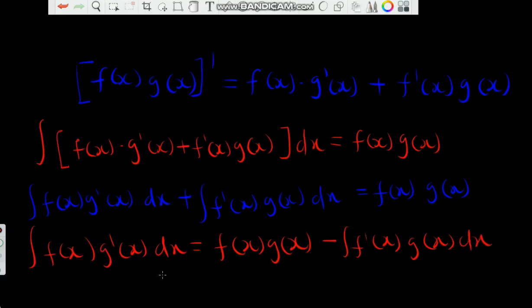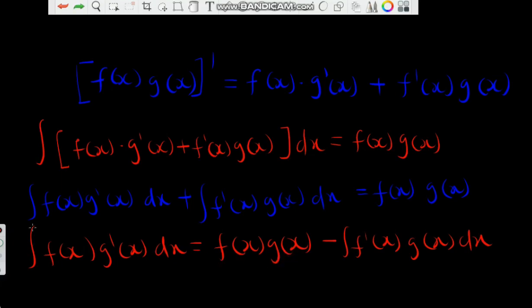What we have here is known as the formula for integration by parts. This is the formula that we are going to use to answer any question that involves integration by parts.